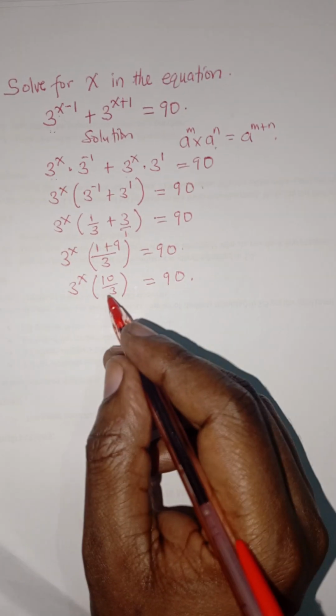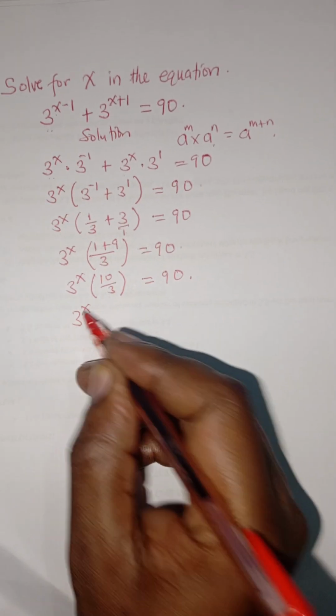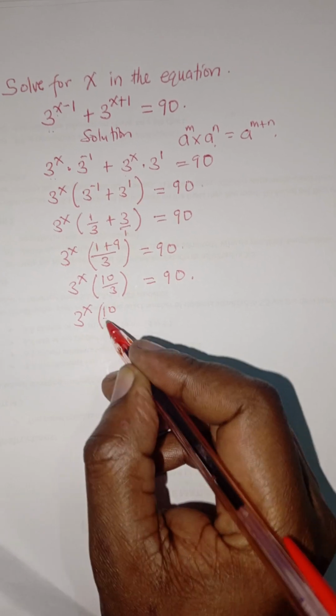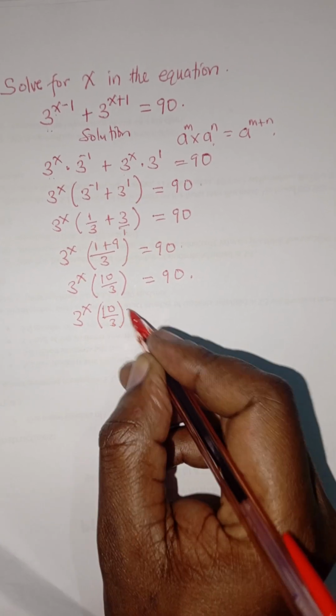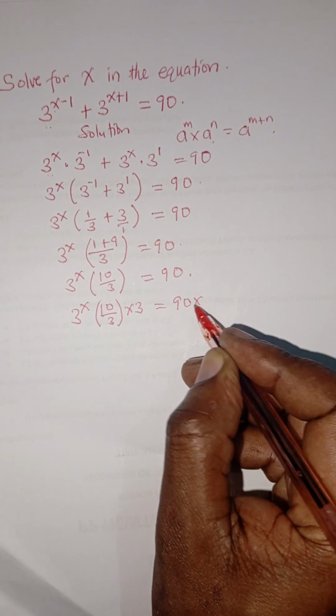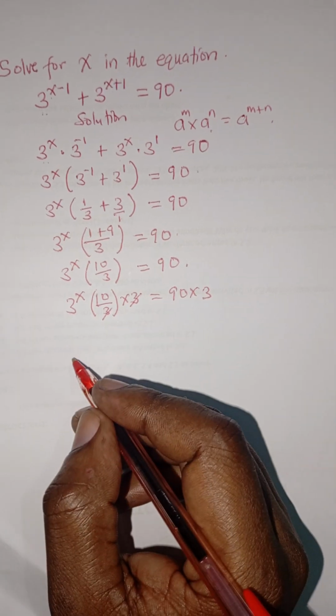Let me find a way of solving this. I can multiply both sides of the equation by 3. So 3 to power x into bracket 10 over 3, times 3, is equal to 90 times 3. This 3 here will now cancel.